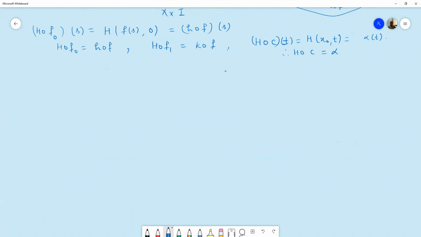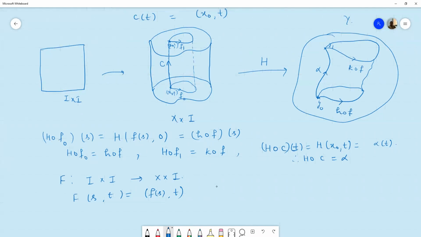Now we define capital F from I cross I to X cross I by the map F of (s, t) is f_s t.